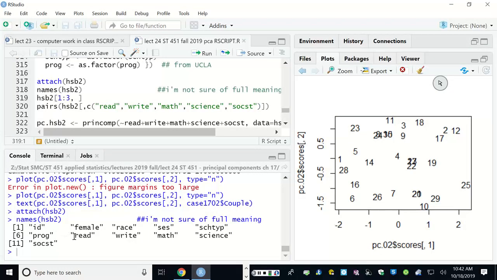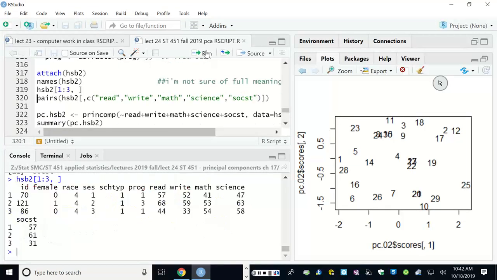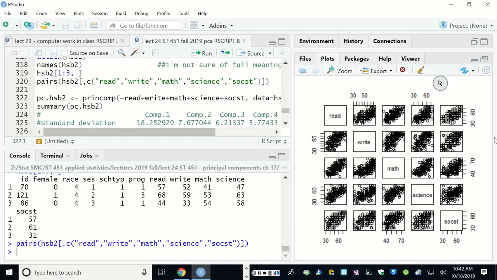But then scores on reading, writing, math, science, and social studies. So those are a number of dimensions. And if you do a pairs plot of those, you see some correlations. Reading, writing, math, science, social studies, right? Kind of on the same scale for most variables.